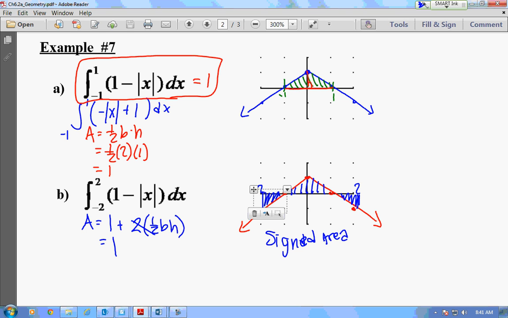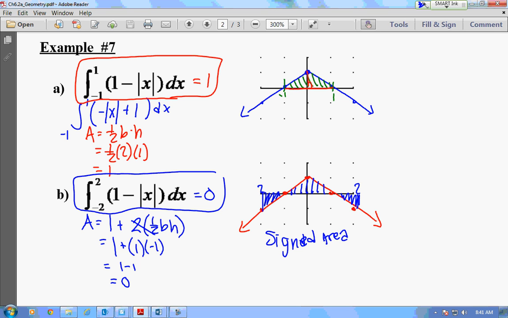The base is 1, but the height is negative 1. Plus the base is 1 times height is negative 1, which makes 0. And you can actually even just visualize that by looking at it, because you can see these triangles match one of the positive ones, and they cancel each other out, and we get 0.